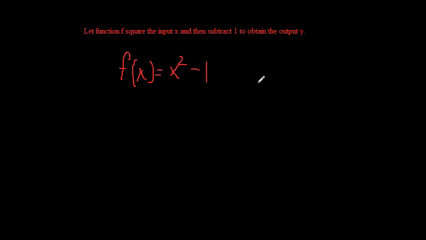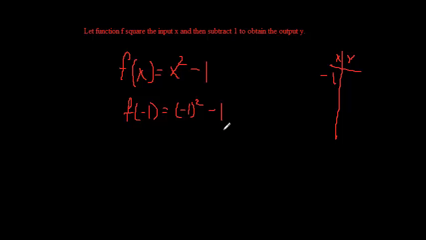Let's evaluate this for a few different values. I'm going to put this in a table over here, x and y. Our first number, we'll check -1. So f of -1 is (-1) squared minus 1.